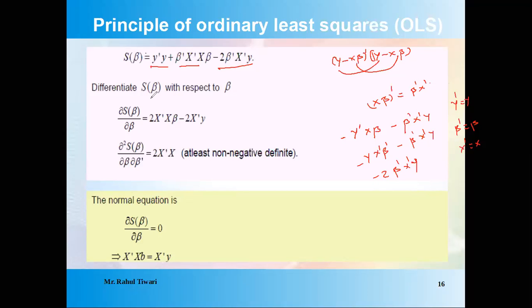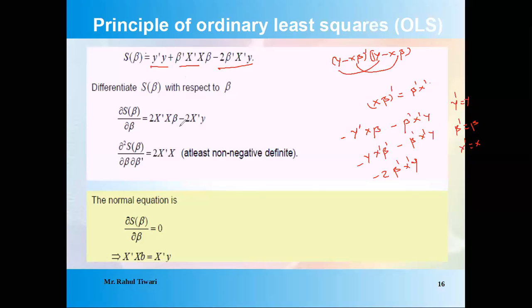So you have to differentiate this quantity with respect to beta, and if you differentiate this quantity with respect to beta, the first term is 0. As I mentioned, beta dash and beta both we can take as beta, because they are the same. If it's beta square, then 2 times x prime x into beta minus, again this is beta, so 2 times x prime y.